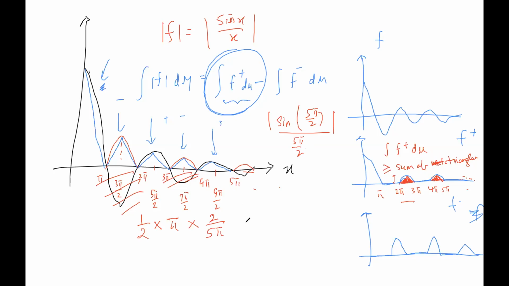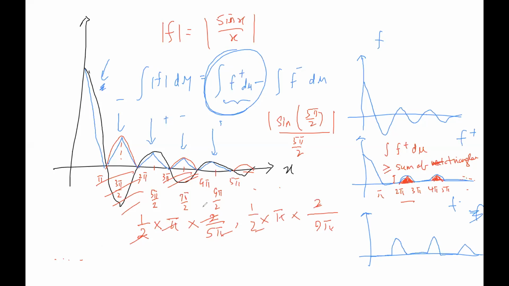For the next one, the area of the triangle will be as usual, and over here it is between 4 pi and 5 pi, so that will be 9 pi over 2. Okay. Right, so you can see the pattern here. The pattern is you keep on going. So it will simplify. So this will be cancelled off, right?